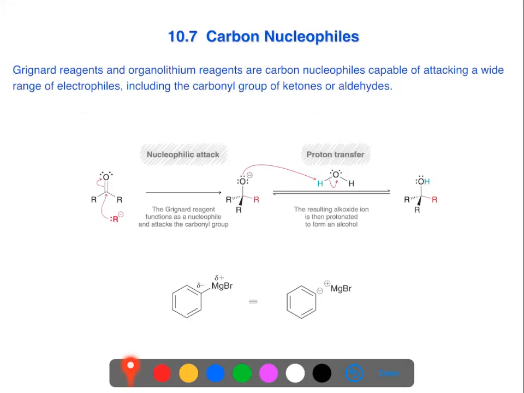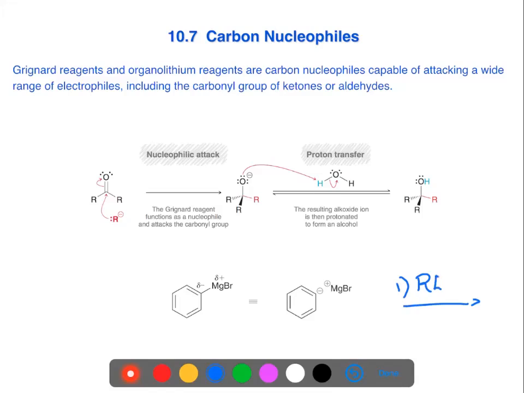Now, because these carbanionic species are not only great nucleophiles, but also really strong bases, it's important that we don't introduce the polar protic solvent until we ensure that we form the alkoxide intermediate. Otherwise, that protic solvent will just simply react with the carbon nucleophile. So when we're drawing our reaction arrow in a synthetic type question, it's important to separate that polar protic solvent from the use of your carbon nucleophile.